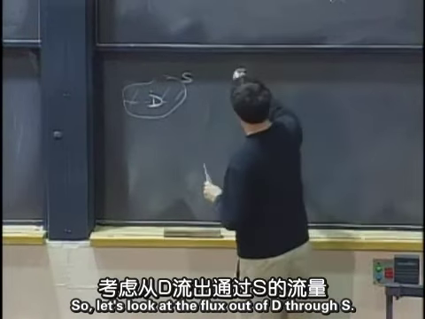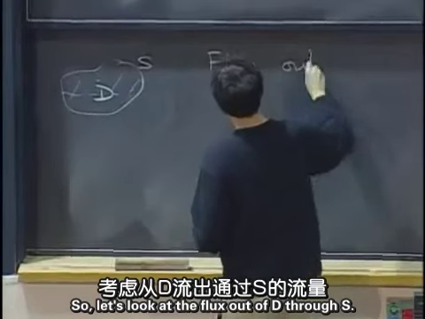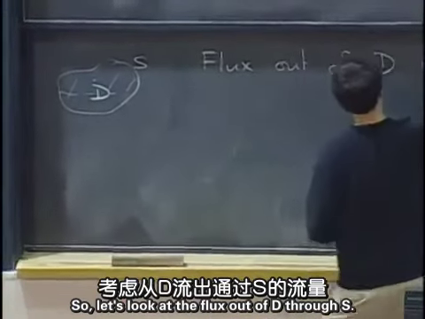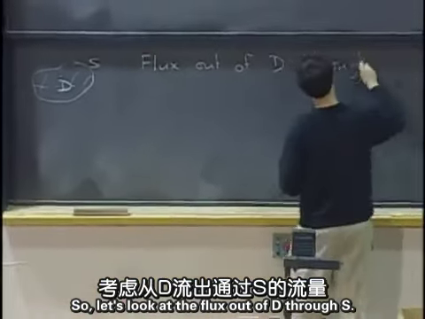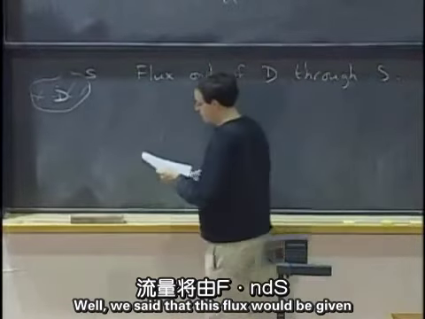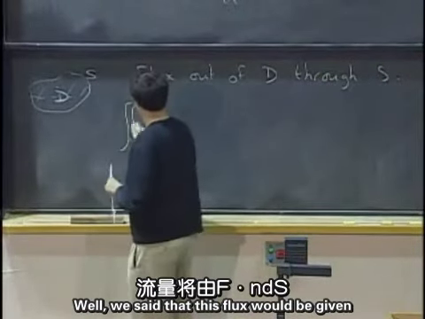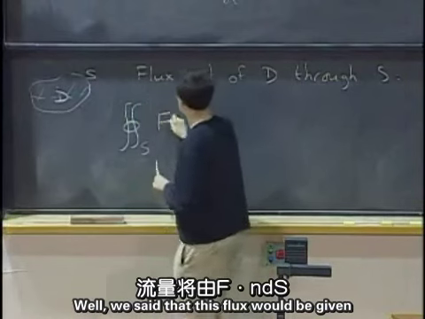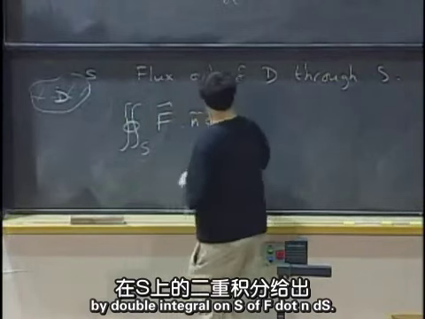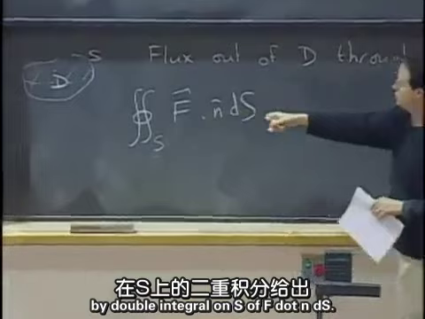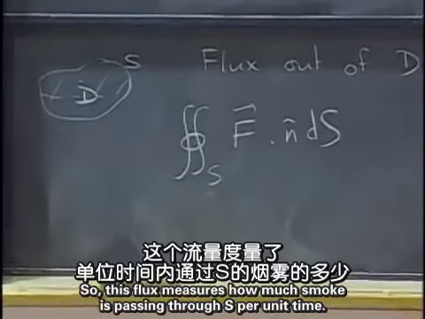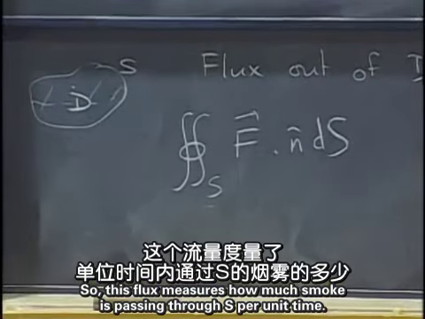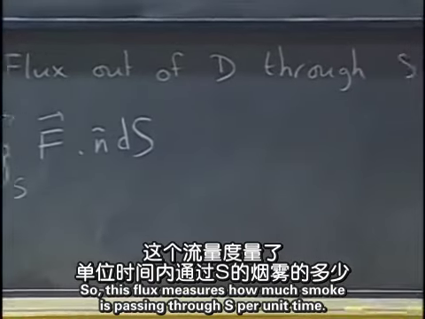So let's look at the flux out of D through S. Well, we said that this flux would be given by the double integral on S of F dot n dS. So this flux measures how much smoke is passing through S per unit time.